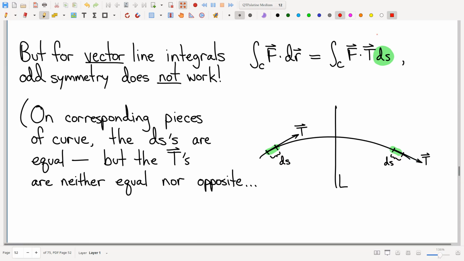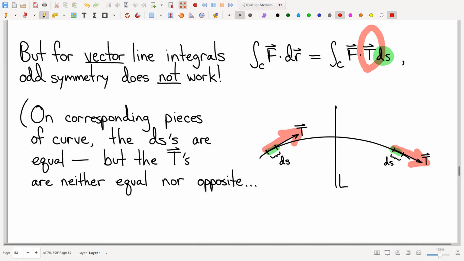But the problem is these t vectors don't. They're not the same. And it's worse than that. Not only are they not the same, they're not negatives of each other either. They're just different, right? And so that throws a massive wrench into the works, and we lose.